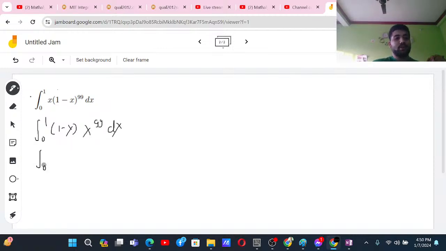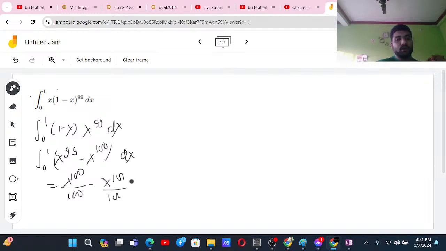Now this is the integral from 0 to 1 of x to the power 99 minus x to the power 100 dx. That gives us x to the power 100 by 100 minus x to the power 101 by 101, going from 0 to 1. At 0, both of them are 0, but at 1 we will have 1 by 100 minus 1 by 101.